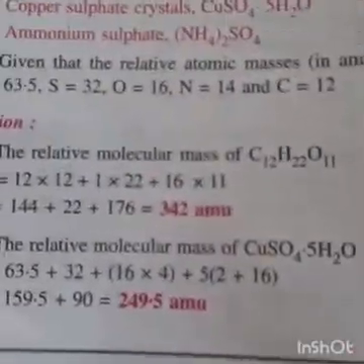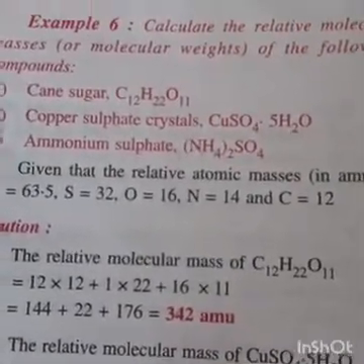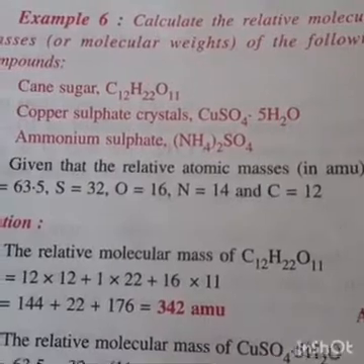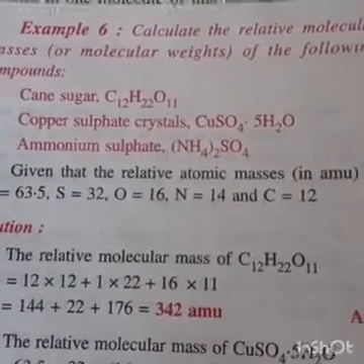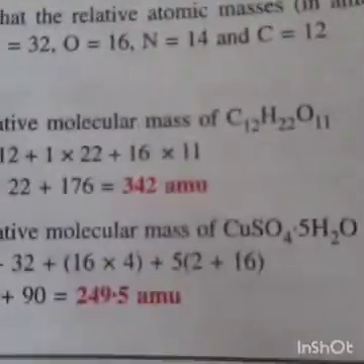Now how is it found out? We need the relative atomic masses also. So in the case of cane sugar, the atomic mass of carbon is 12, that of hydrogen 1, and that of oxygen is 16. Now to find it, I will use this.